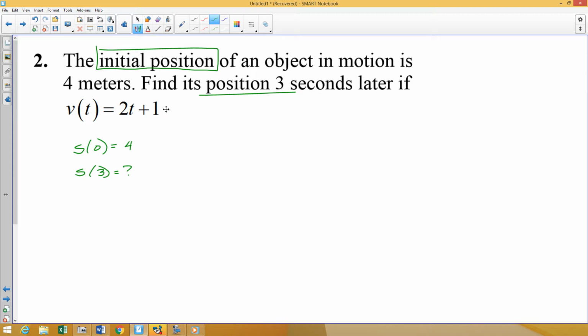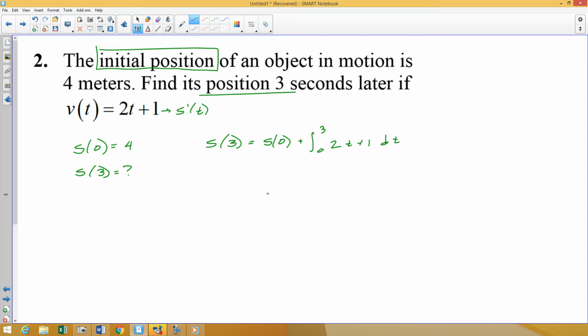And we're given the velocity, which is also the derivative of position. And so if I have an initial condition, I want some final amount, and I'm given the rate of change, then I could say that s of 3 is going to be whatever my initial condition is, s of 0, plus the area from 0 to 3 under that function 2t plus 1.